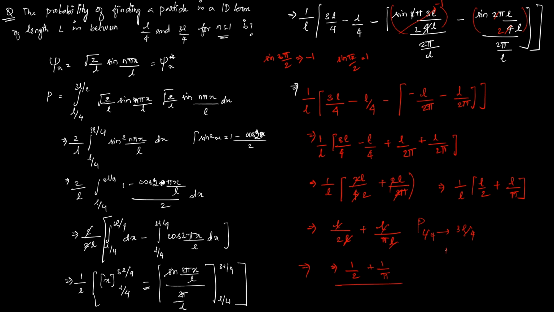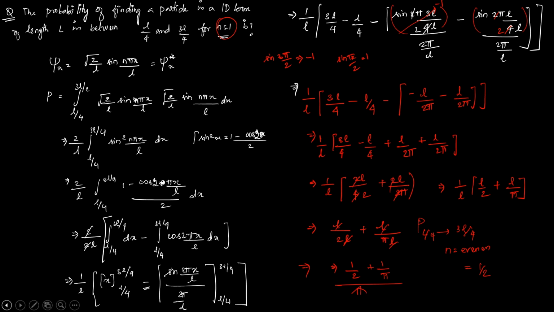If your n is going to be an even number, then for even numbers your probability is always going to be equal to 1 by 2. And here we can also say that if your n is an odd number, your probability is always going to be equal to 1 by 2 plus 1 by π.